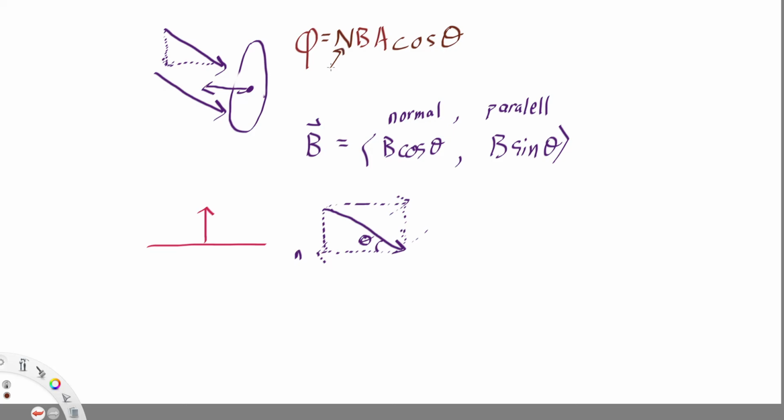So this is number of loops, magnetic field, area of the loop, and the normal component only.